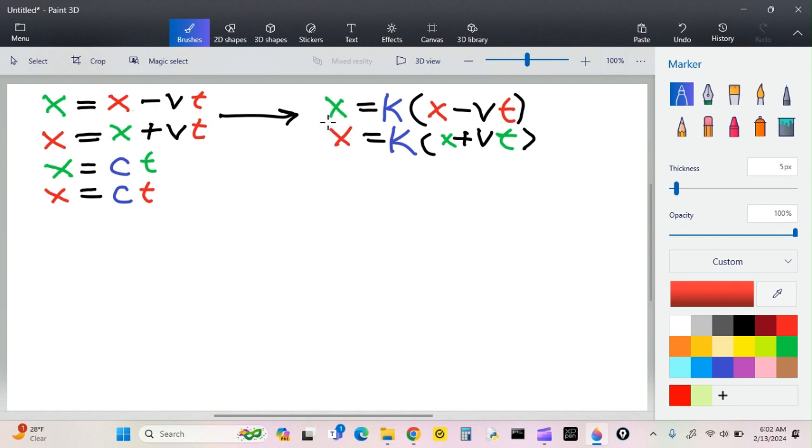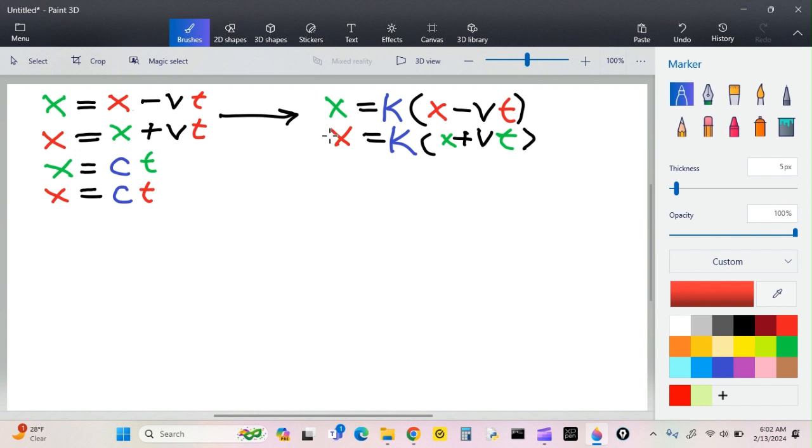If we say that the t's are different, then I'm going to say that x has to be equal to some constant times the red x minus v times the red t. So that doesn't look any different than this one.